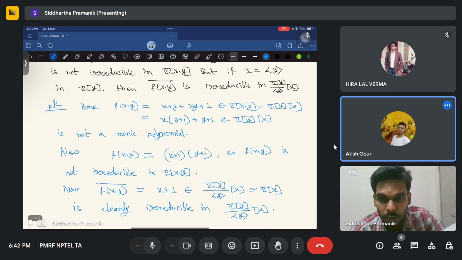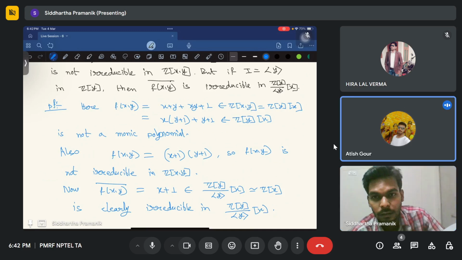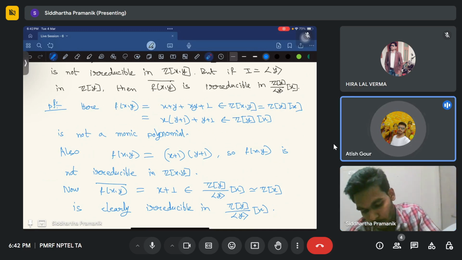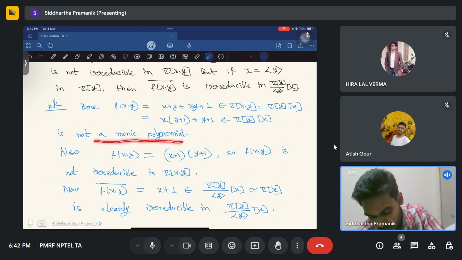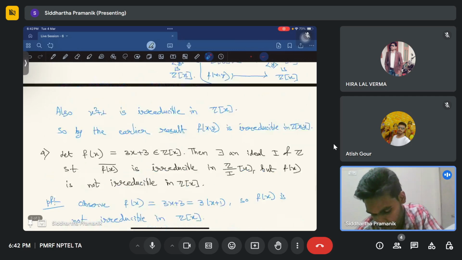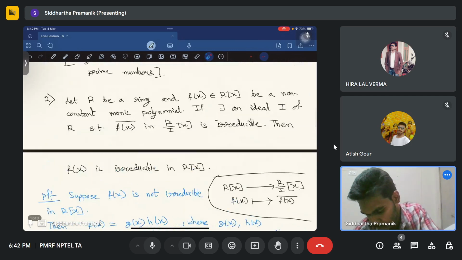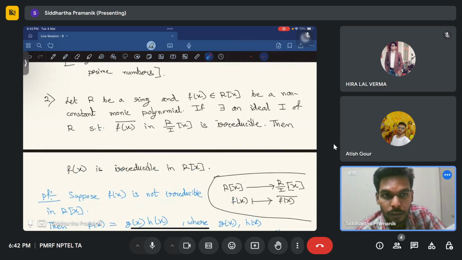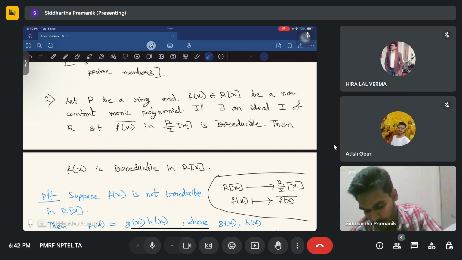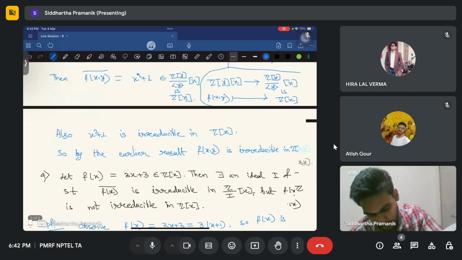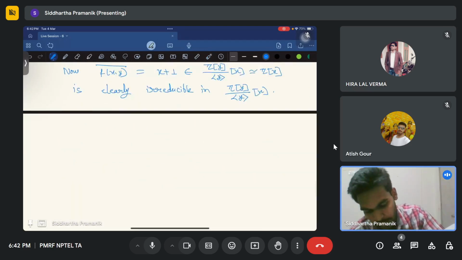Yeah, this part I have written to explain why we cannot use the earlier result, which we have proved. Okay, sir. Yeah. Any other thing?